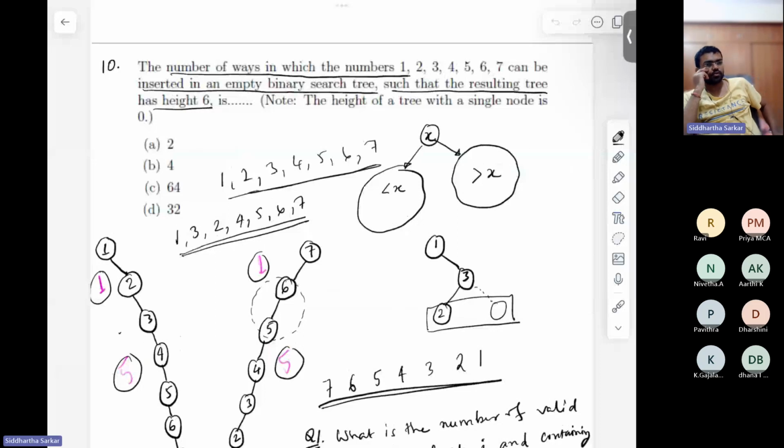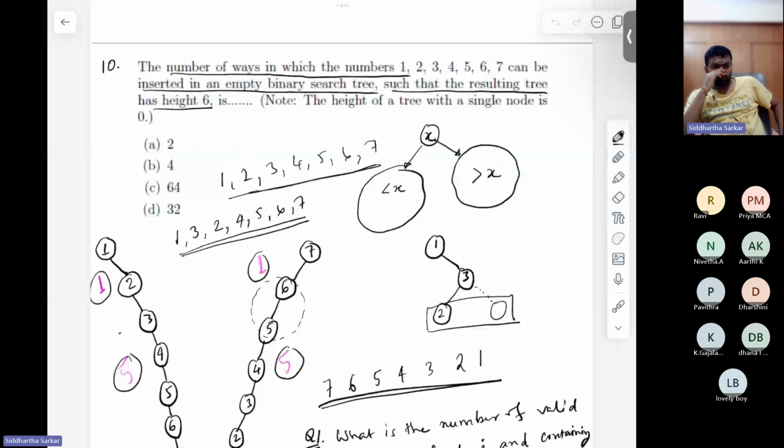The number of ways in which the numbers 1, 2, 3, 4, 5, 6, 7 can be inserted in an empty binary search tree such that the resulting tree has height 6 is found. Every step we have two choices: to select the highest or the lowest value out of the given list.